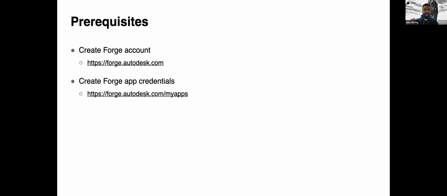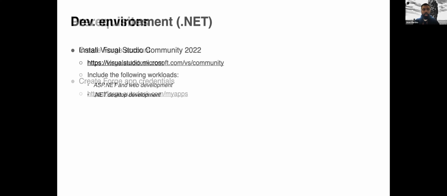This means that the client ID and secret will enable your application to access the Forge services across all platforms. And the Forge services utilized by your application will be charged to your Autodesk account, your Forge account, all right? So you have a Forge account, and you can have many applications, all of those using the credits on your main account. We also need an IDE.